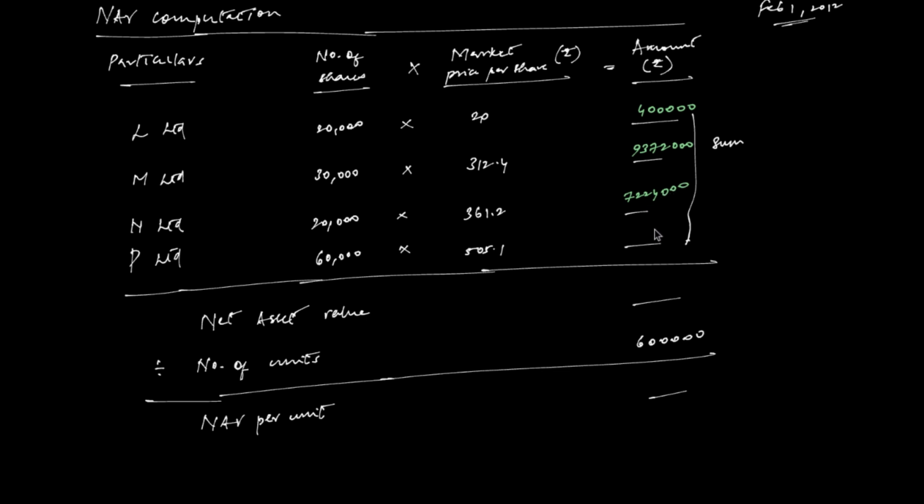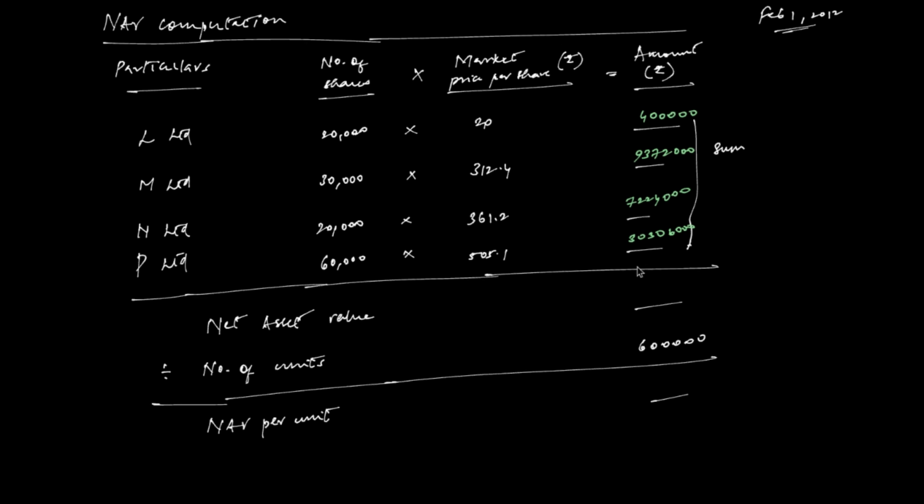Next, 60,000 into 505.1, that is 30,306,000. Okay. So adding all this, we get 47,302,000.